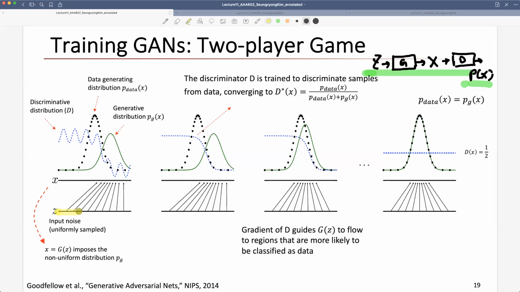So here is the input noise, uniformly sampled. Okay, so we don't know the real data distribution yet.